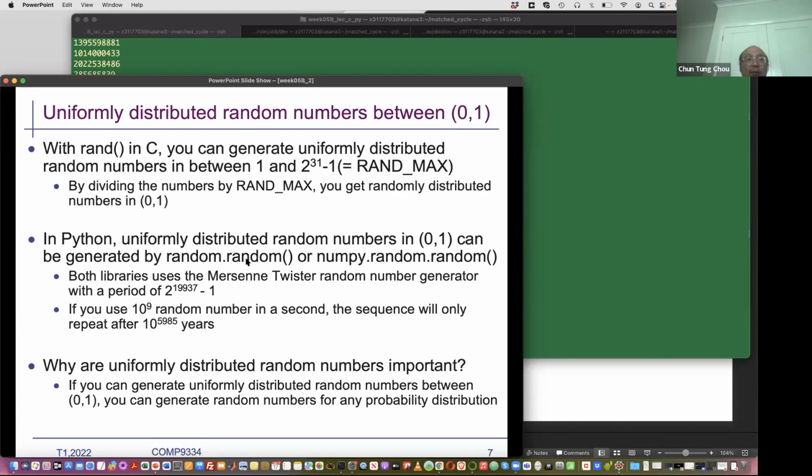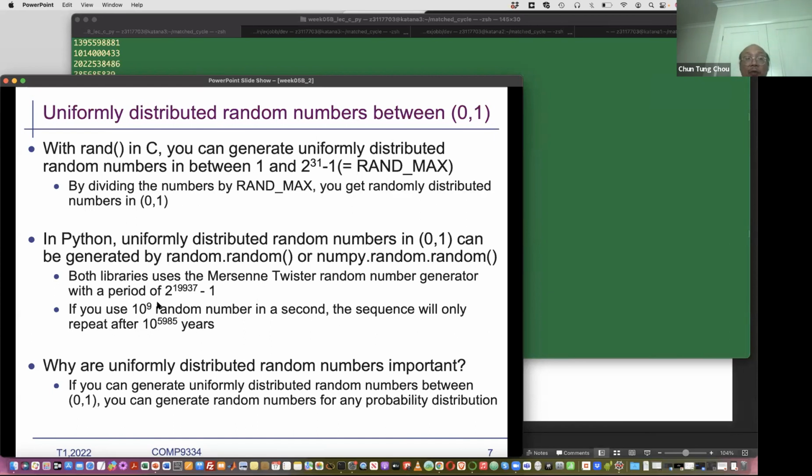Both of these libraries use a random number generator called the Mersenne Twister. If you look at the period, it is 2 to the power of almost 20,000 minus 1. This is an astronomically big number. If you do the calculations, it has a period, and then it repeats.